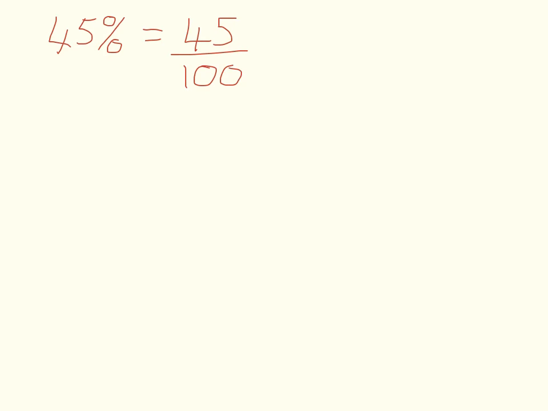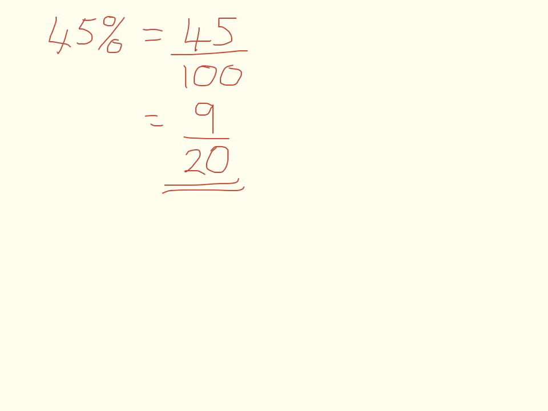That's exactly what a percentage means. And now you know, because we've done cancelling down fractions, that I can divide the top and bottom by 5. So that's 9 over 20. Now 9 and 20 don't share any common factors apart from 1, so that's my answer.